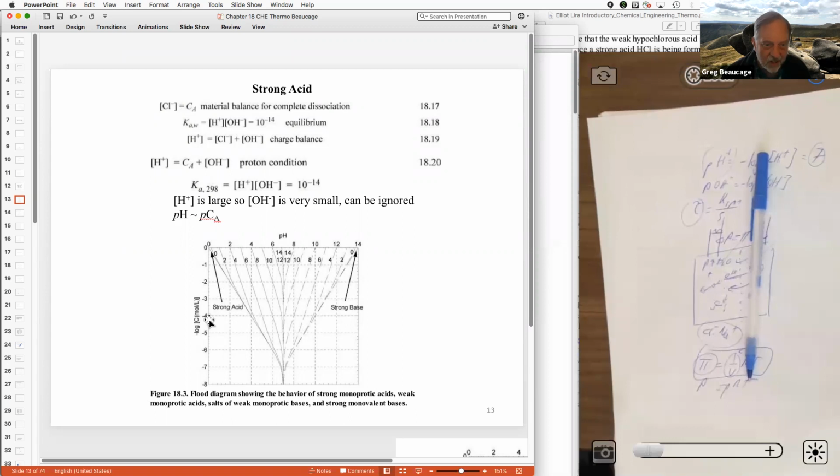So you'd have 10 to the minus 4 H plus ions, and 10 to the minus 4 OH also at the same. Since they have to be charge balanced, the plus and minus have to match. So they have to be the same on both sides, and they have to follow these two lines.